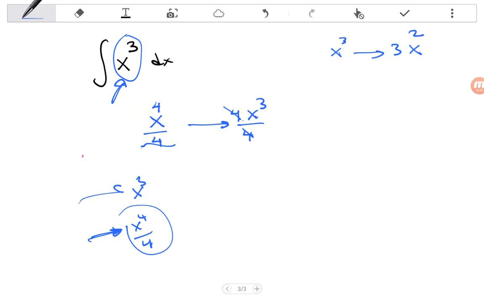Integration, you can consider it as an art. Why? Because you are looking for something: if you differentiate it, you will get the function you are given. So what we will do is take some steps that make it easier for us to find that function, or the antiderivative.